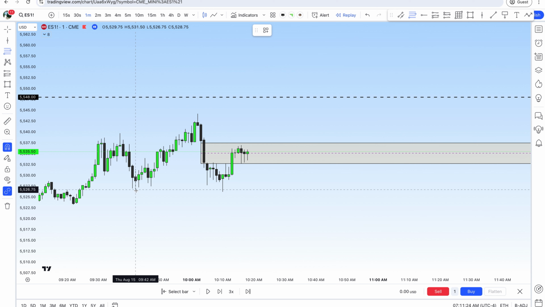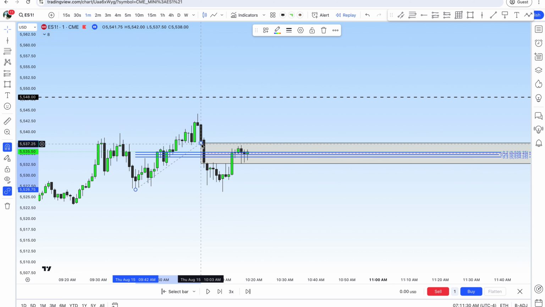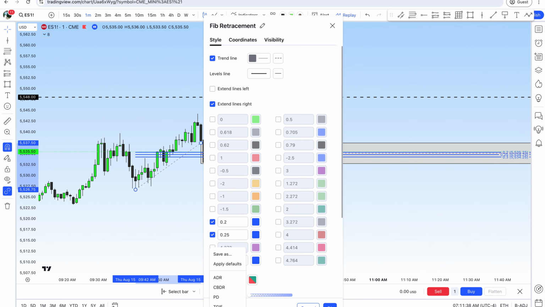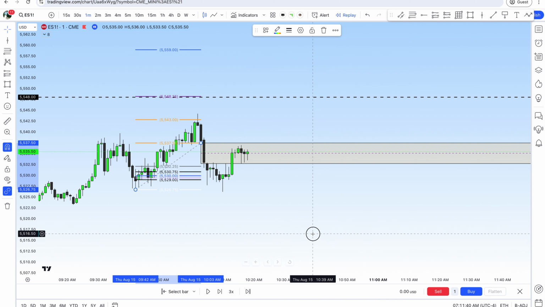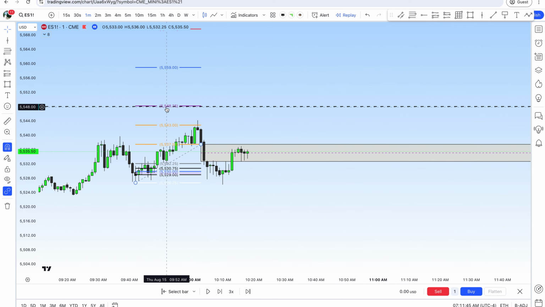Got this low, and boom, the high of this SIBI. This is how I got this 5548 level as well.